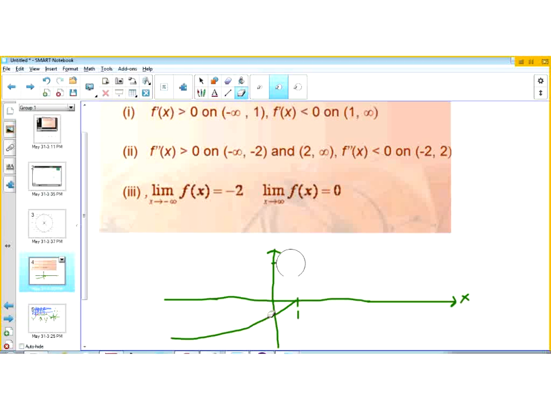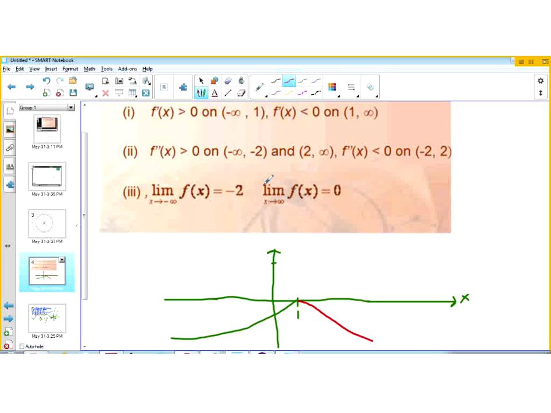The other constraints will tell you which quadrant to draw that branch of the curve in. This is called a branch. Then from 1 to infinity, the first derivative is less than 0, so it has to be going something like this.